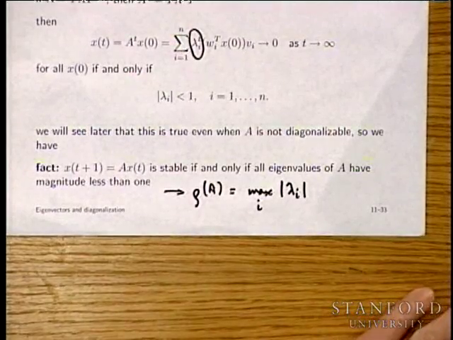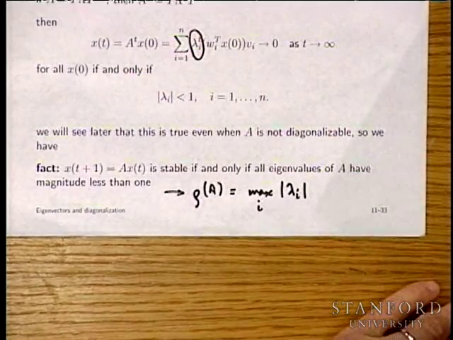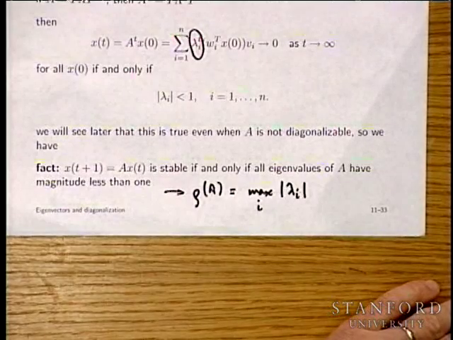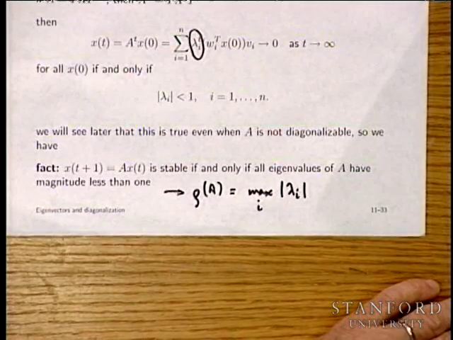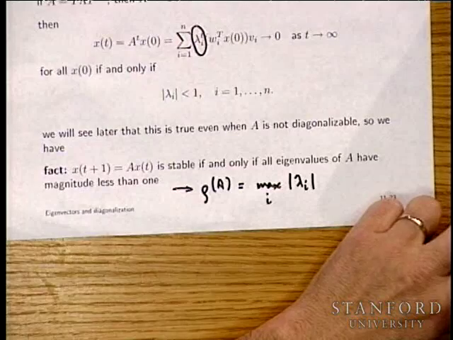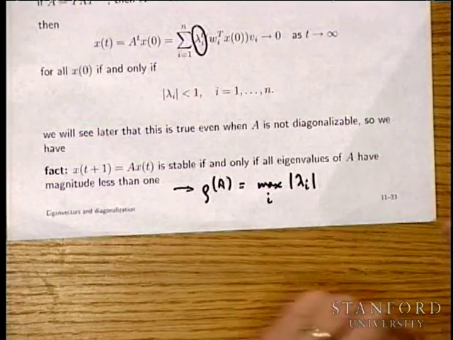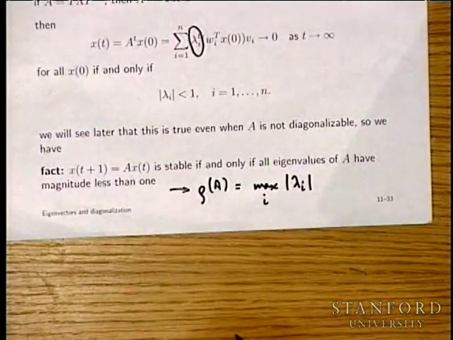If the spectral radius is 0.7, it says that after 10 steps, roughly, the state has decayed by 0.7 to the 10. That's a small number. Okay? So this is the discrete time analog of the maximum of the real part of the eigenvalues of a matrix. That's what this gives you.